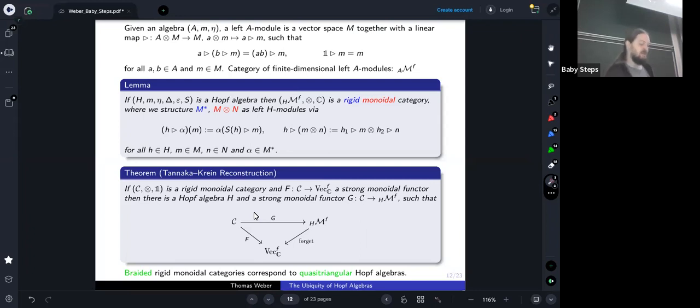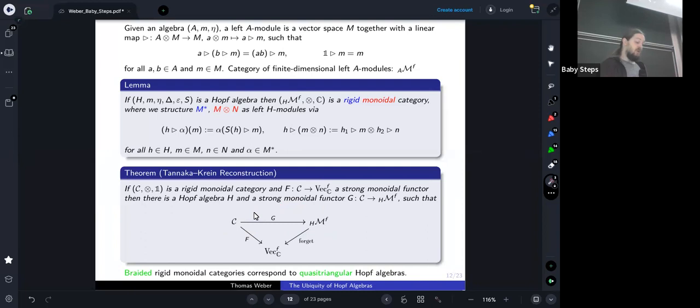And in some cases, your H is even nice because it might be very easy, and then you can show that those two are actually equivalent. Some nice cases, let me just mention in one sentence.